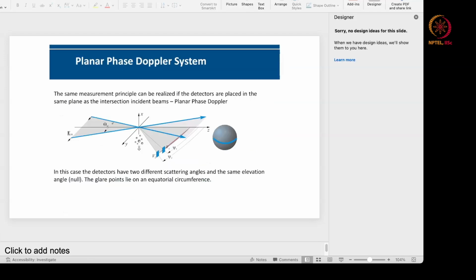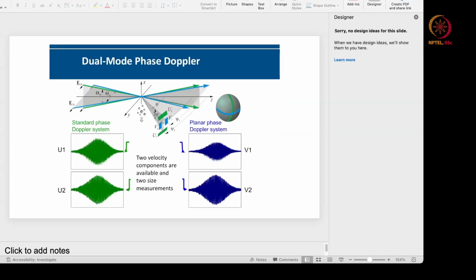All right. So now if you look at a dual mode Doppler system, you basically combine the best aspects of both. You combine a standard Doppler phase system, where you have the two detectors U1 and U2 at a certain elevation. Okay, so this is the elevation angle, like what we did, and this is the standard U1 and U2 Doppler burst.